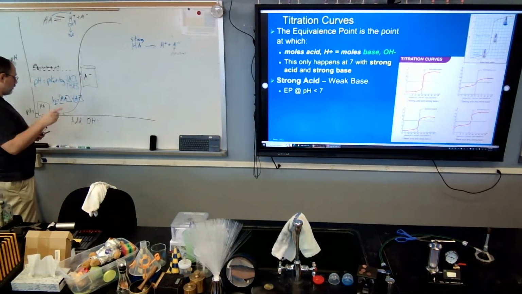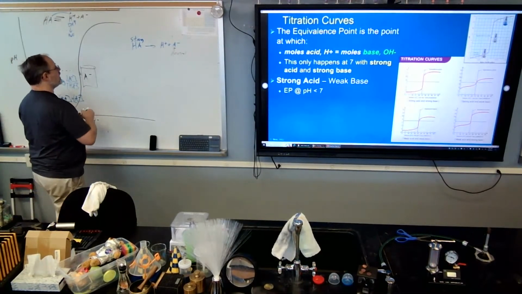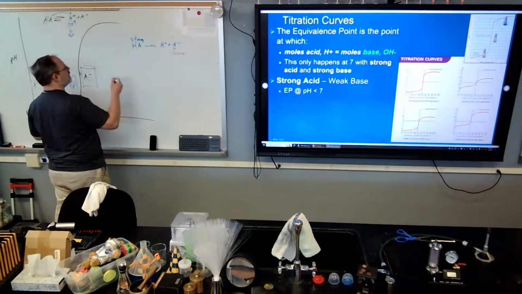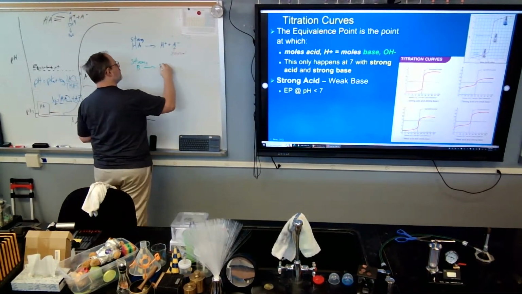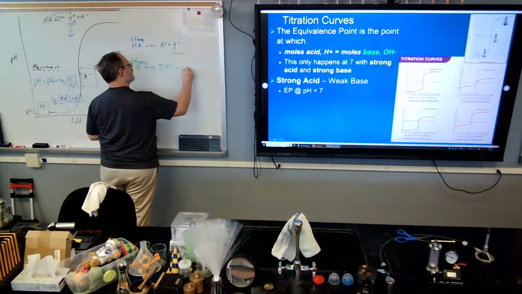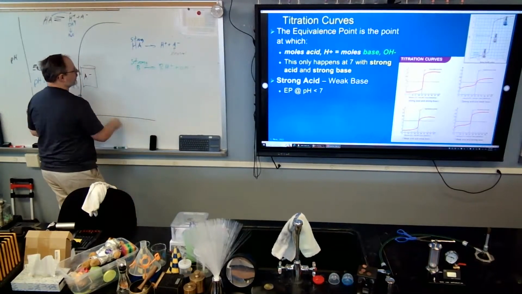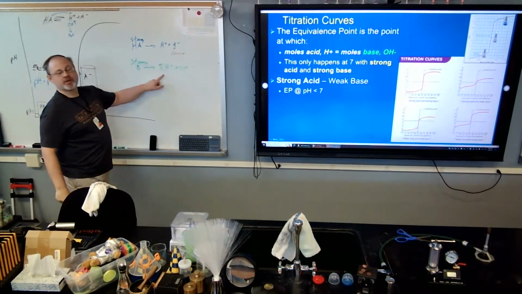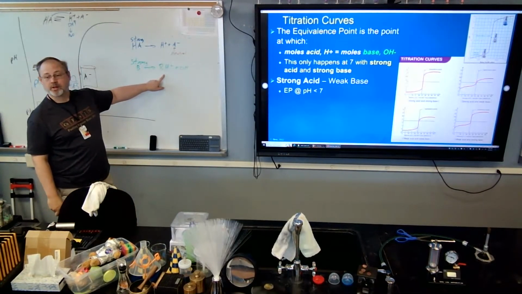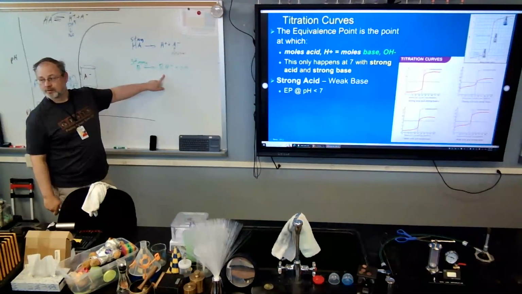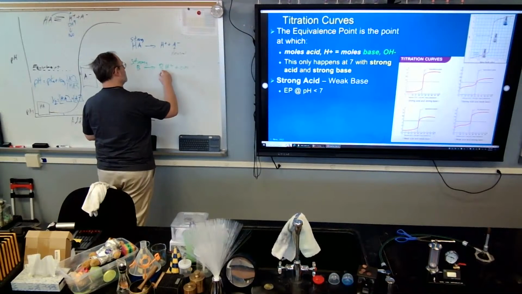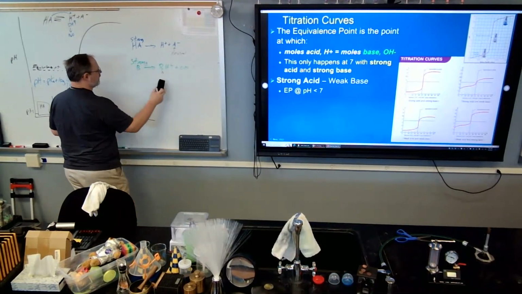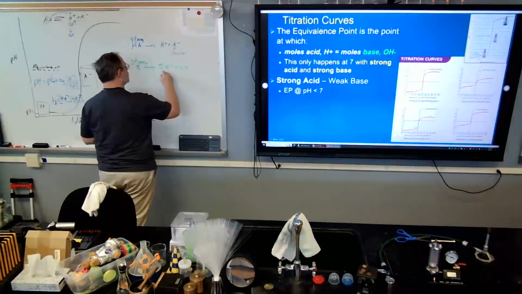Also, a strong base forms BH plus and OH minus, and for a strong base, what is the acidity, basicity, or neutrality of the BH plus? Neutral. Also neutral. Good. So a strong anything makes a neutral.